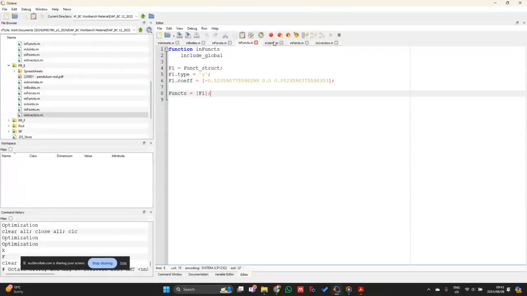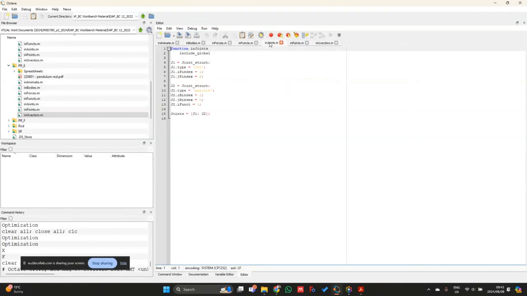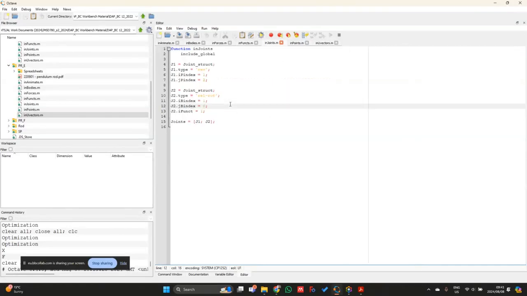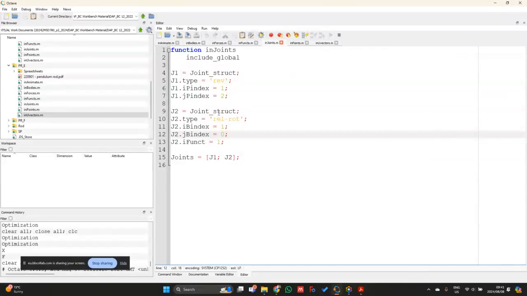Now I just have to call the correct joint that I'm going to use over there. So in this case, where we previously just had a revolute joint, now I specify a relative rotation driver over here. And the reason for that is I want to create a driver constraint on the actual rotation of the system.